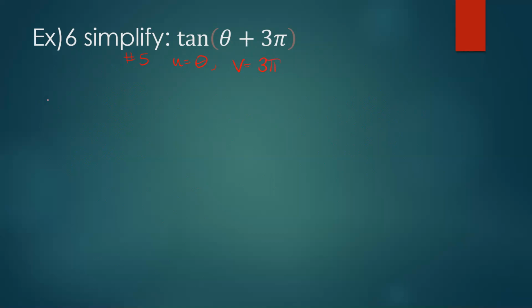Okay, so if you use formula number 5, it would be like this: tan of theta plus 3 pi over 2.